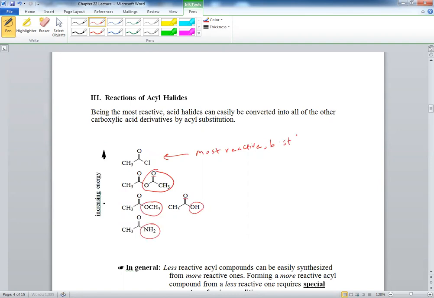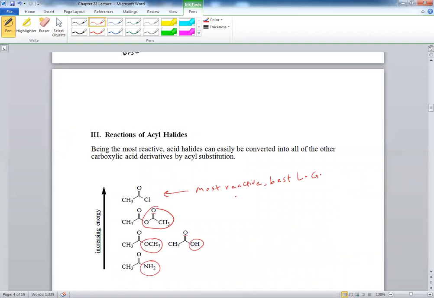So this is the most reactive, best leaving group, and the leaving group can be replaced very easily.